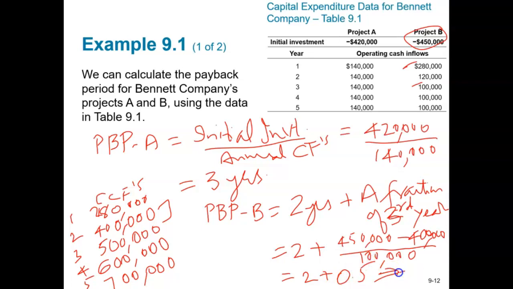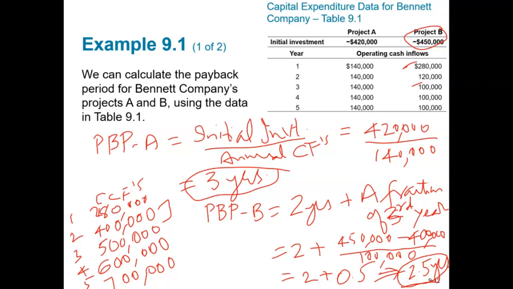So that brings it to 2.5 years. So the payback period for project A is 3 years, and for project B it is 2.5 years.